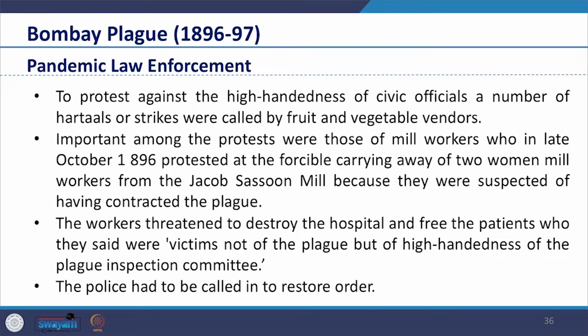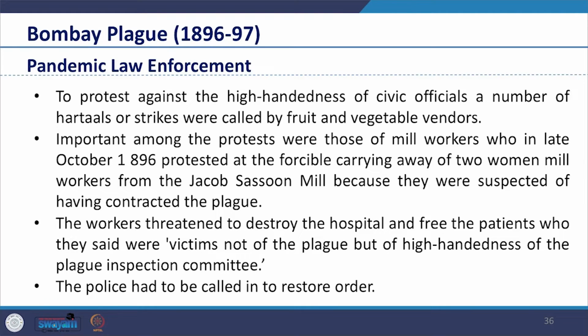A number of hartals or strikes were called by fruit and vegetable vendors. Important among the protests were those of mill workers who in late October 1896 protested at the forcible carrying away of 2 women mill workers from the Jacob Sassoon mill because they were suspected of having contracted the plague.